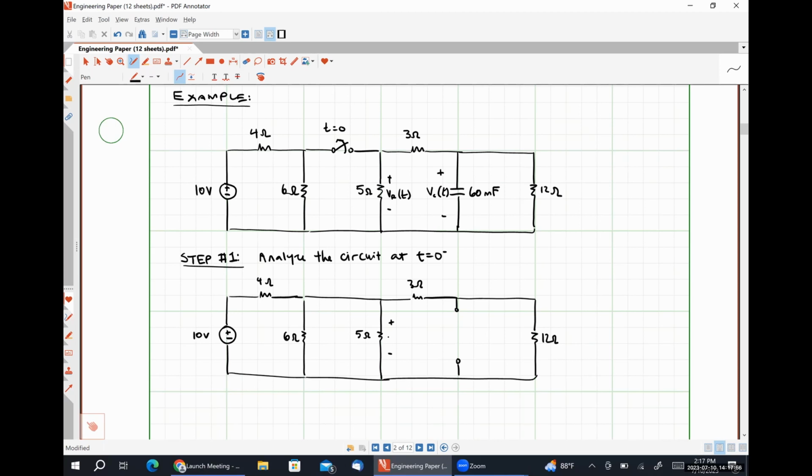And this will be VR of 0 plus. This will be VC of 0 plus. So anybody have any thoughts on how we might solve for either of these quantities?